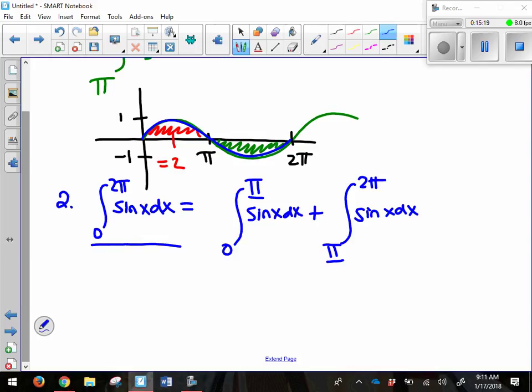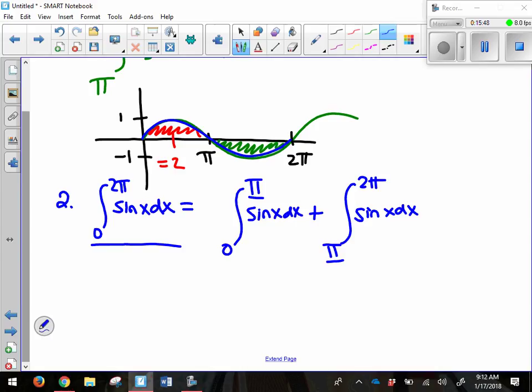Sometimes we do that for geometry's sake, because maybe one part of the curve is a straight line and the next part is a horizontal line, and it makes it easier to figure out the area. Here I'm doing it because from 0 to pi I have a positive area, from pi to 2 pi I have a negative area. As you should have read, we might also do this if we have a discontinuity.